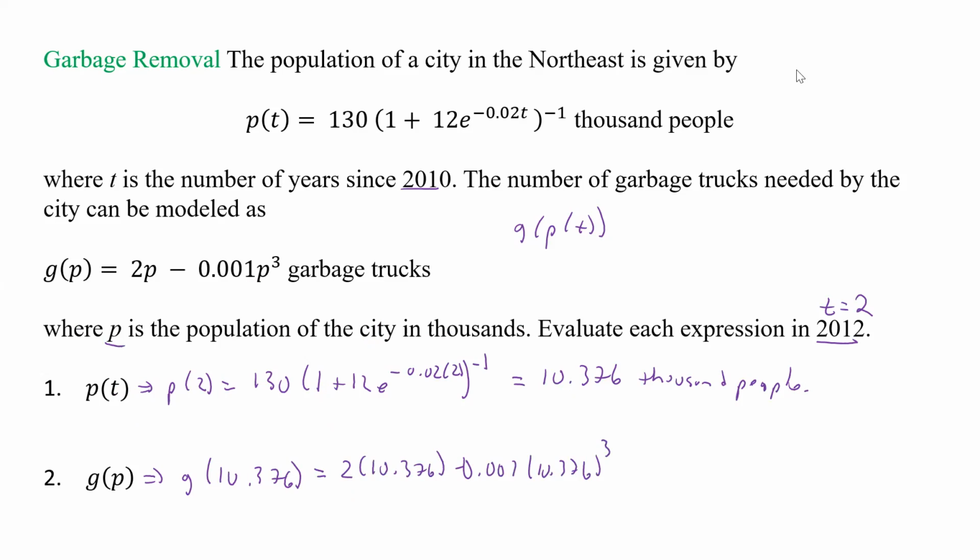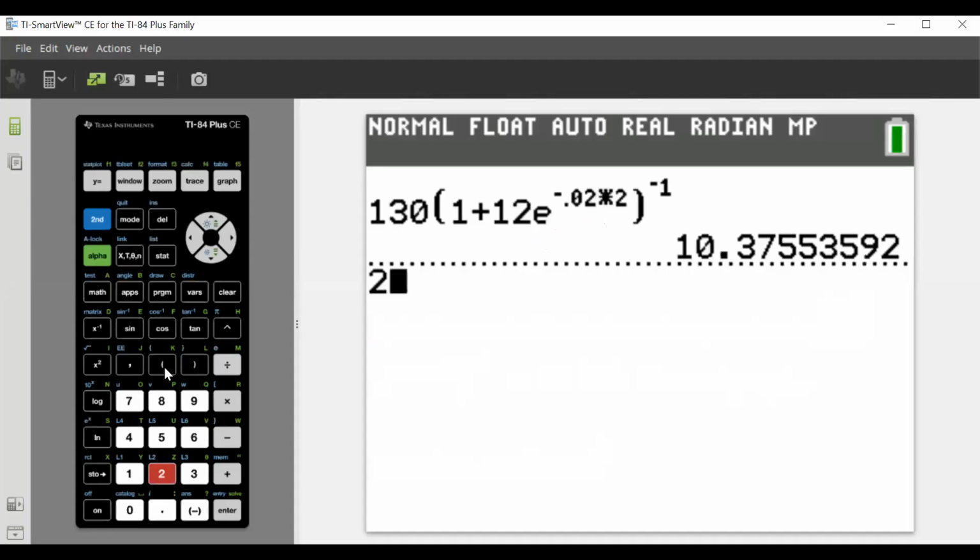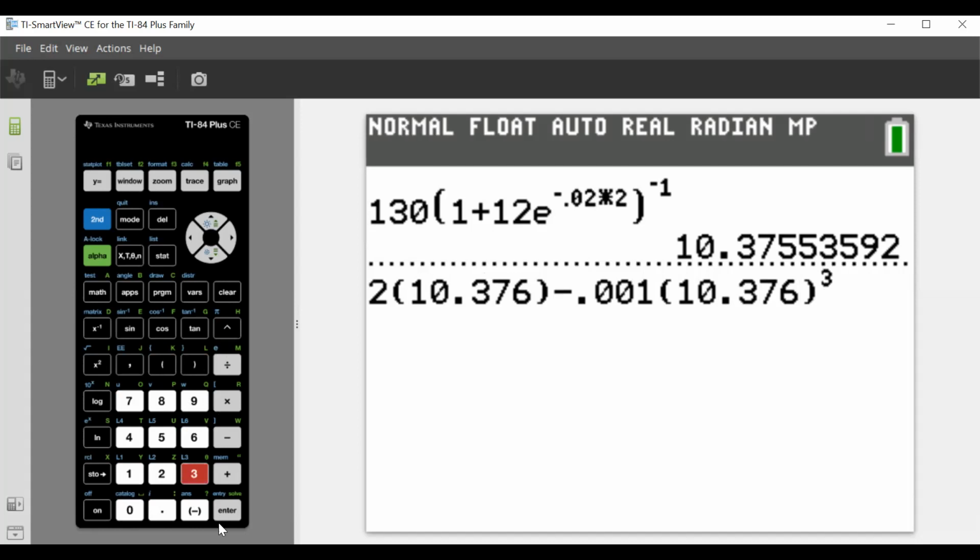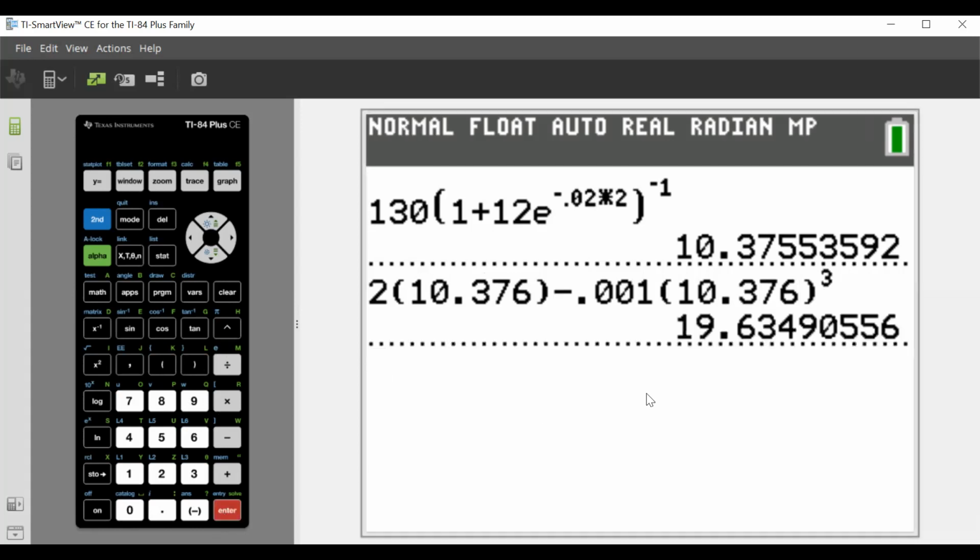So now we go to our calculator. And so we'll have the 2 times 10.376 parenthesis, and then the minus 0.001, and then parenthesis 10.376 to the third. And I think I have that all typed in correctly. And so we get 19.635 if we use the full thing.